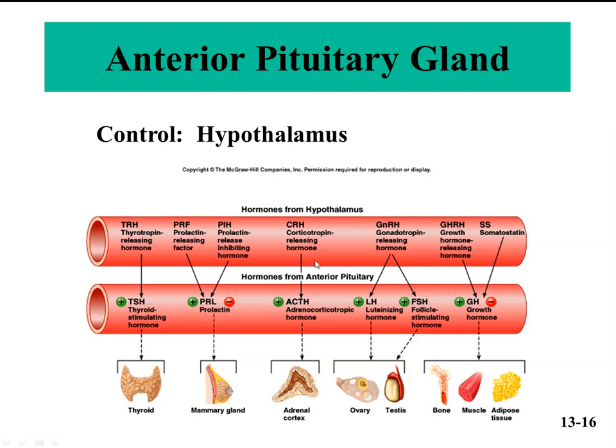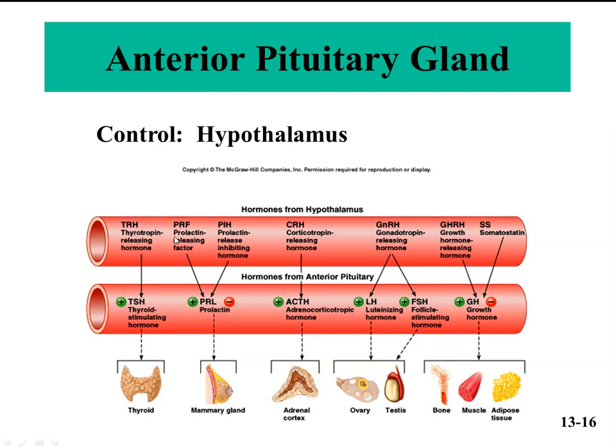So this represents blood vessels in the hypothalamus where a hormone is released from the hypothalamus and then carried by blood vessels down to the anterior pituitary. Now, the hormones that are released by the hypothalamus are going to dictate what hormones are going to be released from the anterior pituitary. So here's an example.